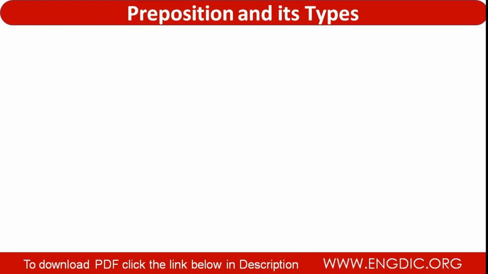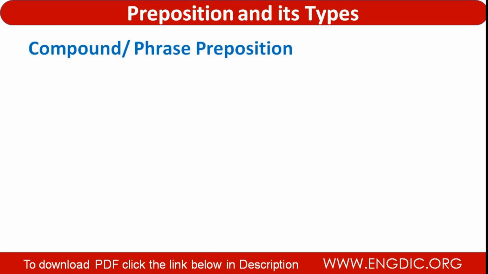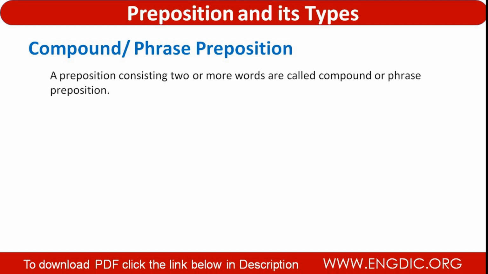Moving towards the next type, which is compound or phrasal preposition. A preposition consisting of two or more words is called a compound or phrasal preposition.